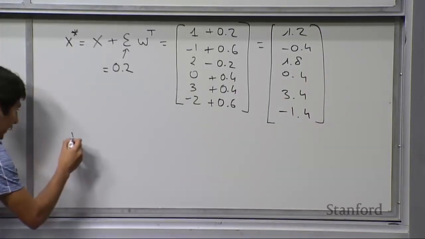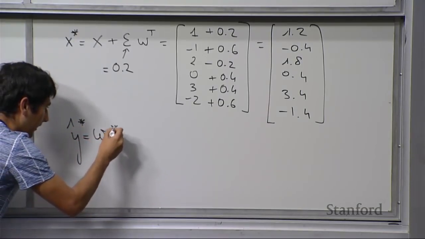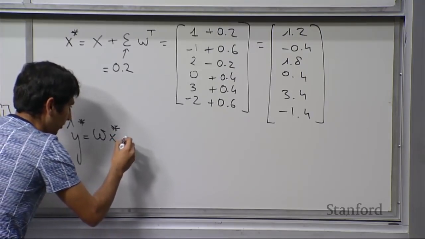Okay, let's compute y hat star to see what happens. It's W x star plus b, which is 0.